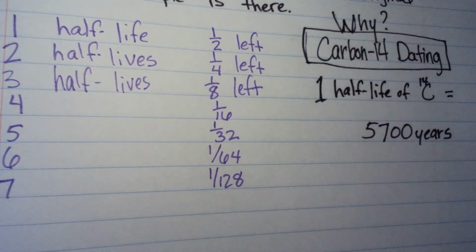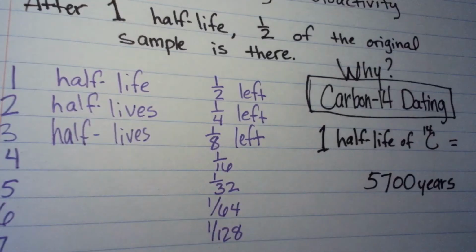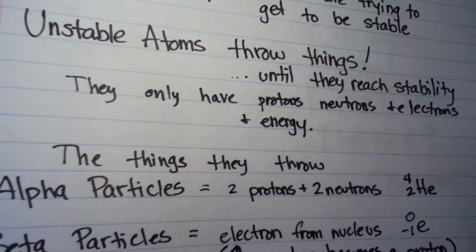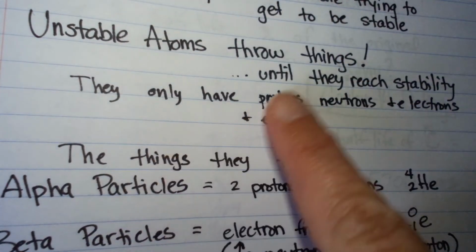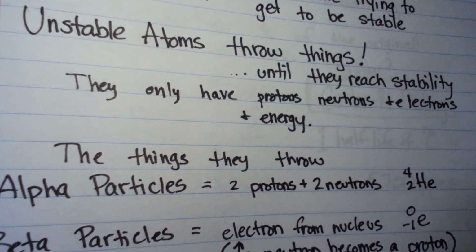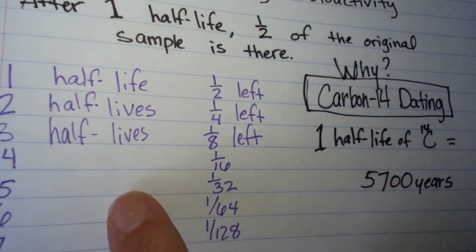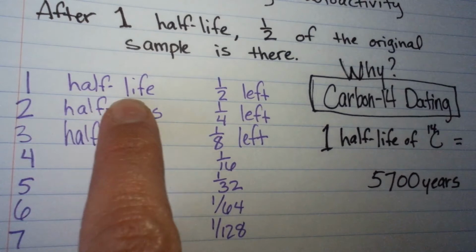Okay. All right. So hopefully you're starting to wonder, if these things are radioactive and unstable, as we talked about yesterday, and they're trying to reach stability, why don't they just throw off all of their little pieces at one time and become stable? Why does it take an entire half-life?